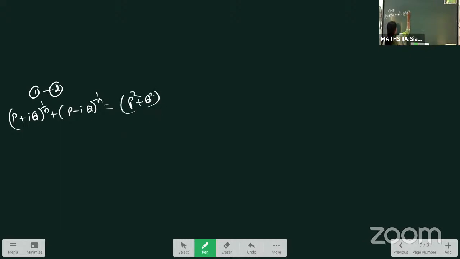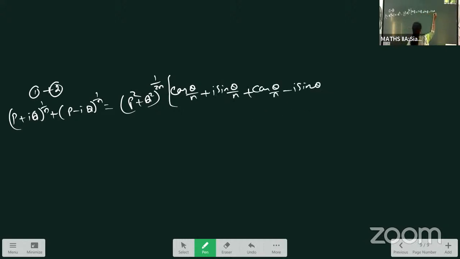If you add 1 and 2, the left side is p plus iq whole power 1 by n plus p minus iq whole power 1 by n, which is equal to, taking the common factor p square plus q square whole to the power 1 by 2n, cos theta by n plus i sin theta by n plus cos theta by n minus i sin theta by n.